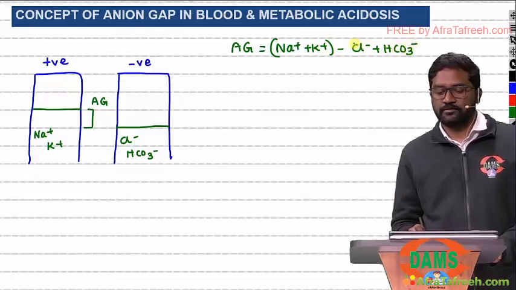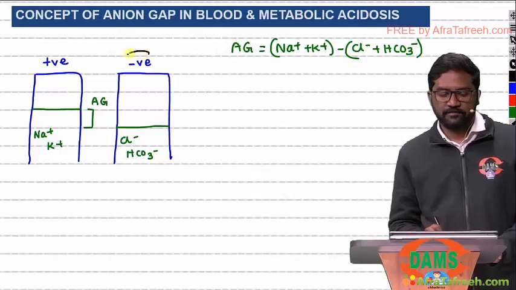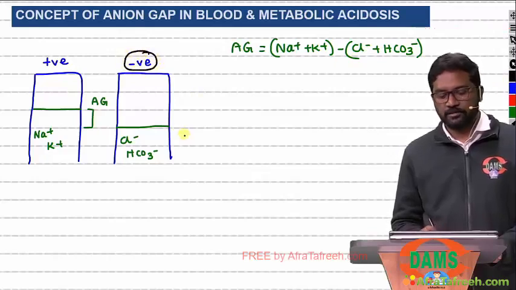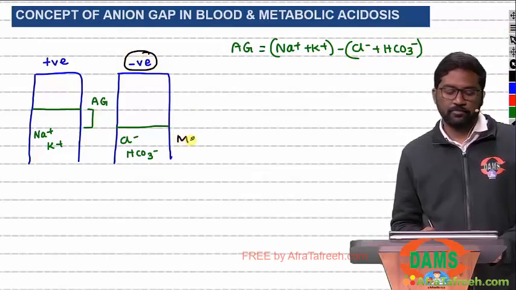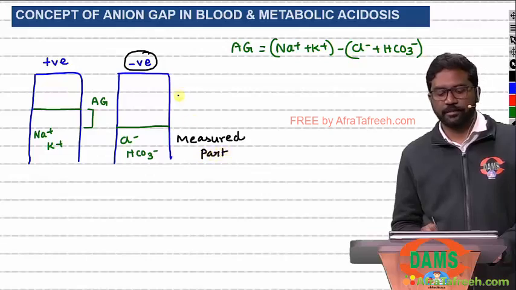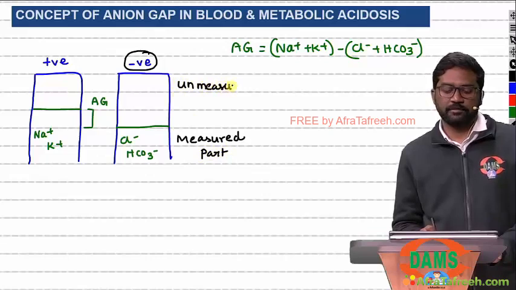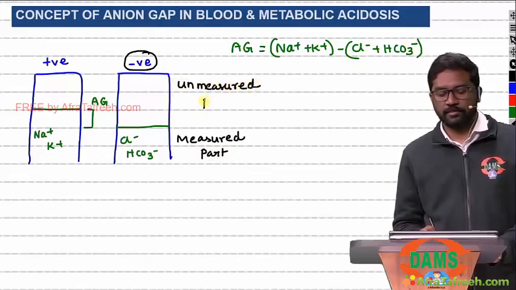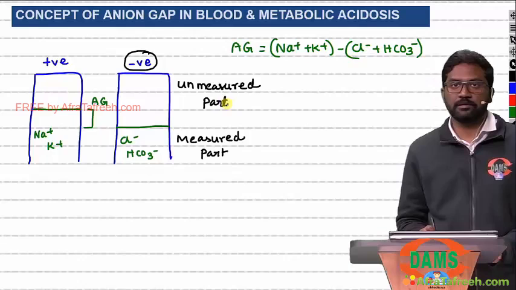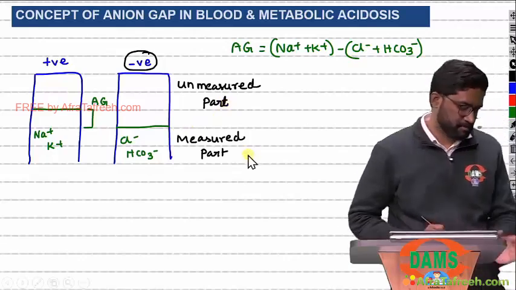Now let us try to understand this. Let us say this is the negative compartment. It is having two parts. A measured part that we routinely measure bedside, and the other is an unmeasured part that we routinely don't measure.